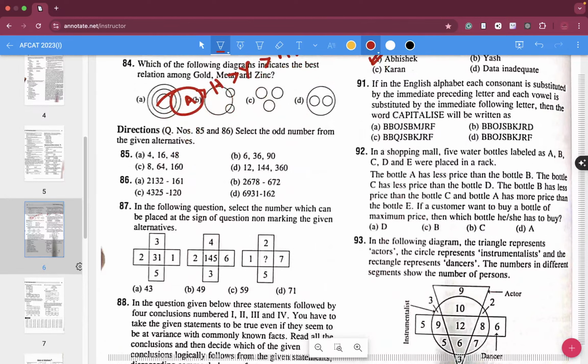Question number 90, A is the correct answer, folks. Now question number 91, easy.